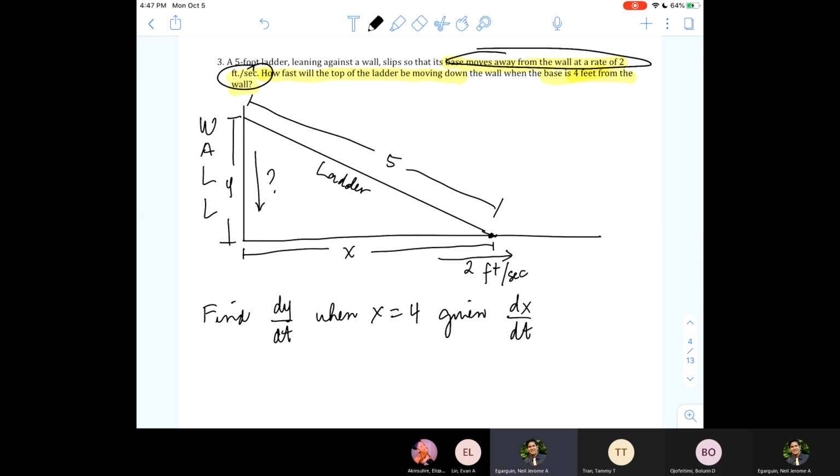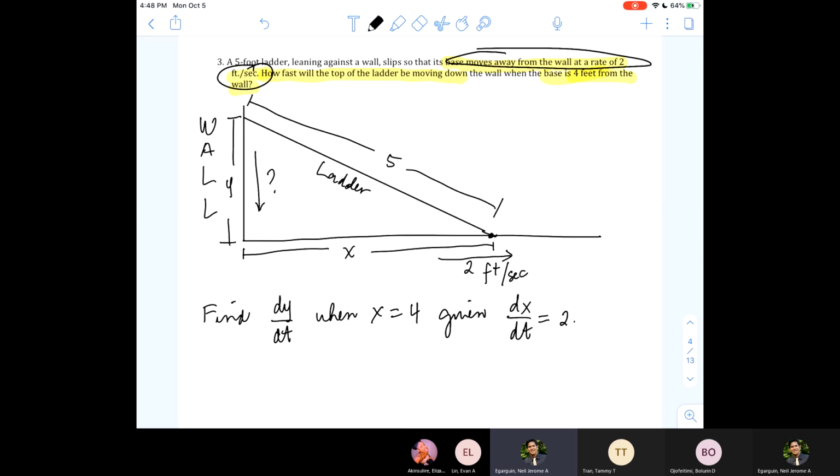Because these are the tricky things in the problem. Why do you say it should be positive 2? You're correct. But why do you think it's positive 2? Okay, one way to determine, right.